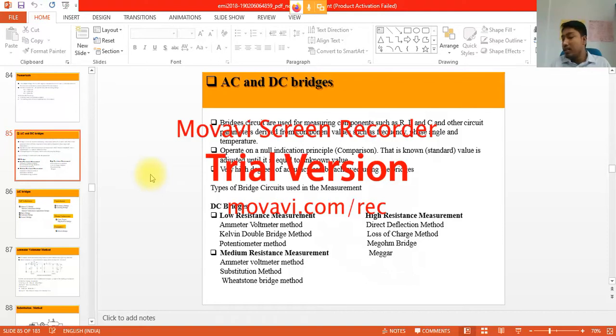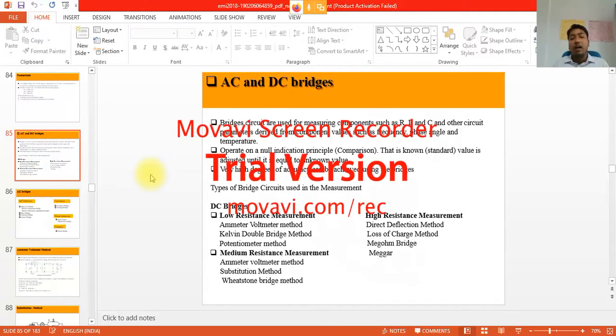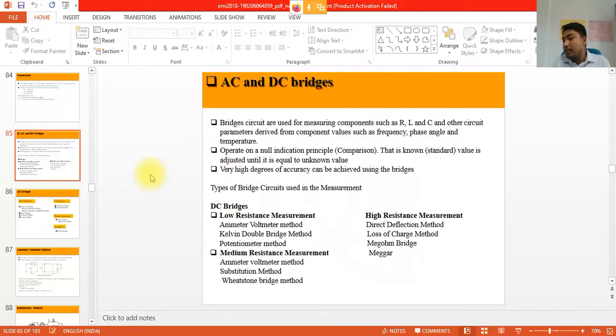The range of low resistance measurement is up to 1 ohm. Next is medium resistance measurement, which has the range from 1 ohm to 100 ohm. But if the value of resistance is more than 100 ohm, that resistance will come under the category of high resistance measurement.